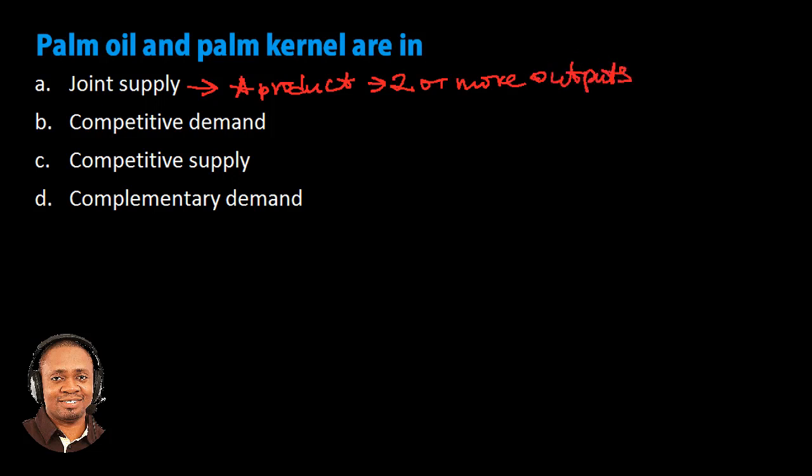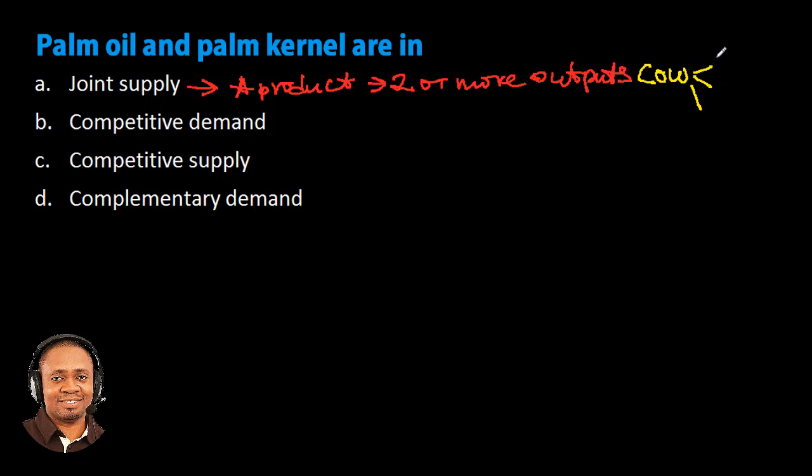If we take for instance the livestock industry and we take the cow, the cow can be used to yield more than one product.